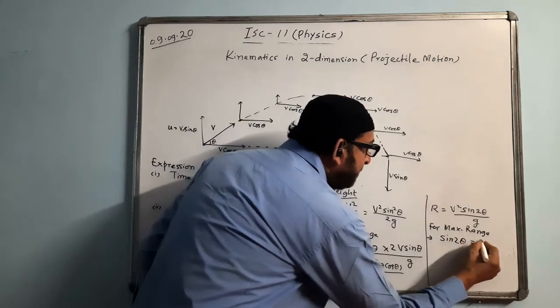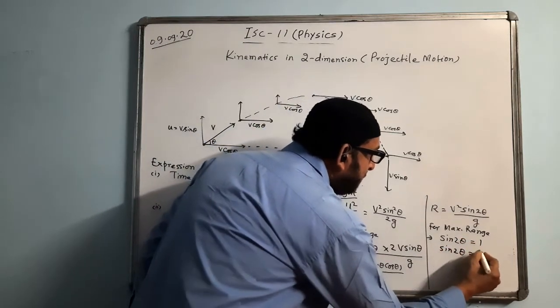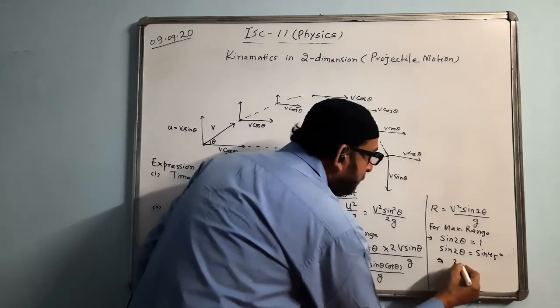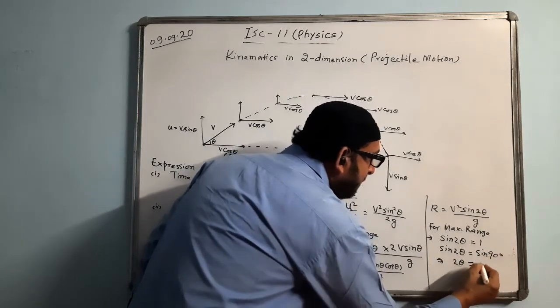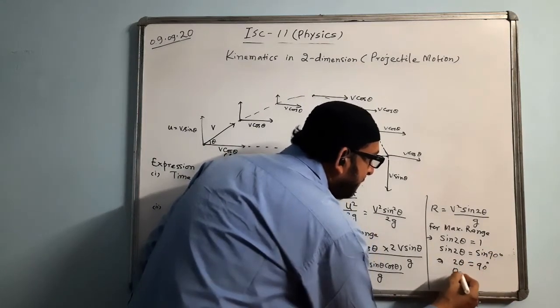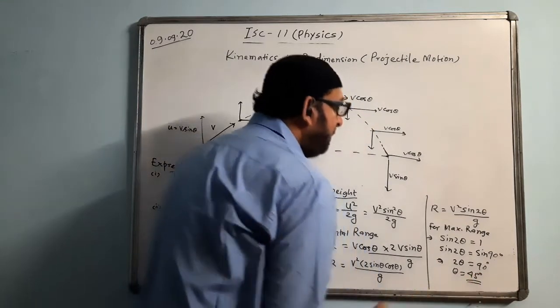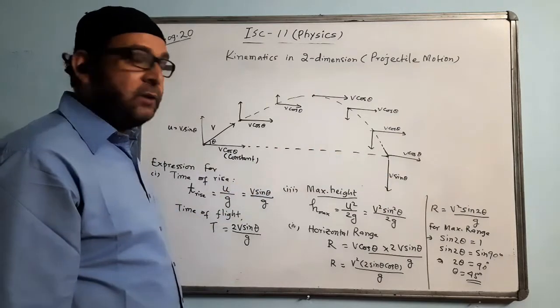Sine 2 theta maximum value is 1. Next step, sine 2 theta is equal to 1 is equal to sine 90 degrees. Therefore, 2 theta is coming 90 degrees. Therefore, theta value will come 45 degrees. Then this is the condition to obtain maximum horizontal range for a given velocity.